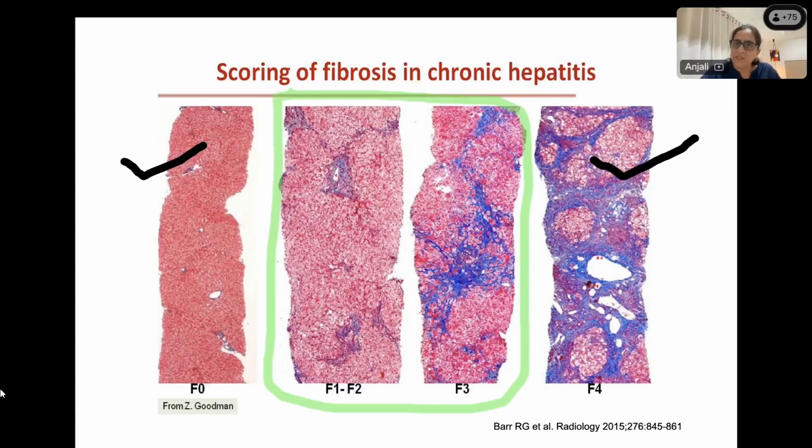Liver biopsy is an invasive technique, so non-invasive techniques are there which can confidently say that there is no fibrosis or there is liver cirrhosis. While for these two stages, these non-invasive techniques can sometimes go wrong. For example, if the patient is obese, the non-invasive technique can mislead you about the degree of fibrosis.